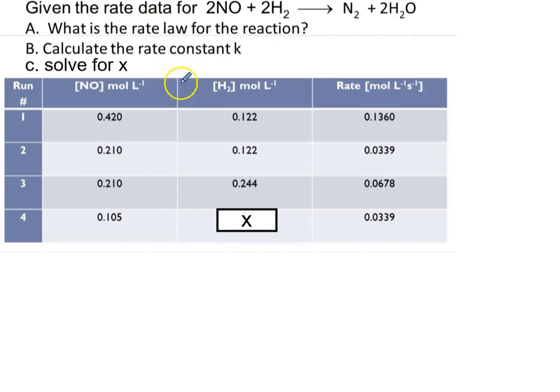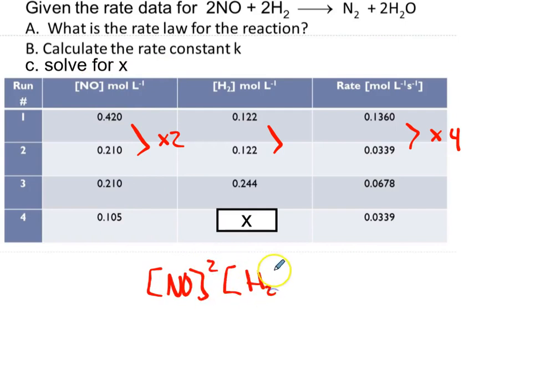All right, so these are constant here. This is doubled, and this became, so this was a 2. If you square it, NO will be raised to the second, correct? And then H2. In H2, this one's held constant.